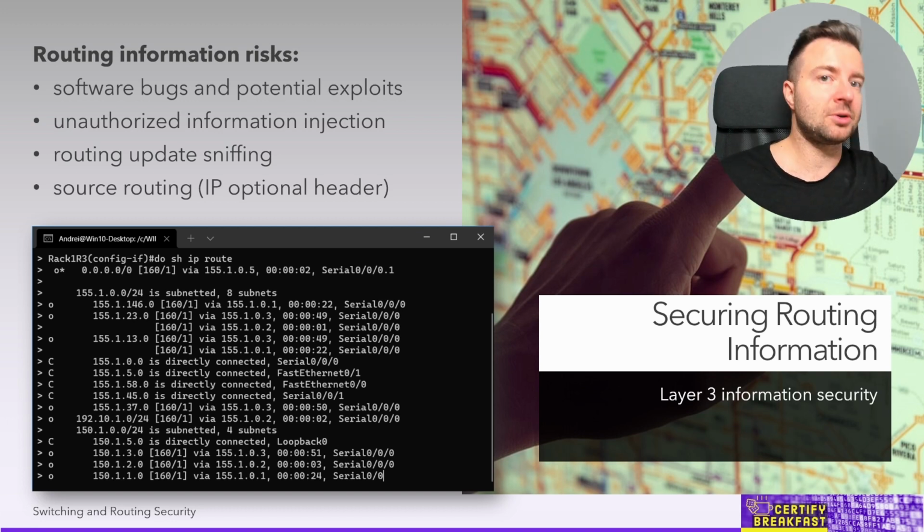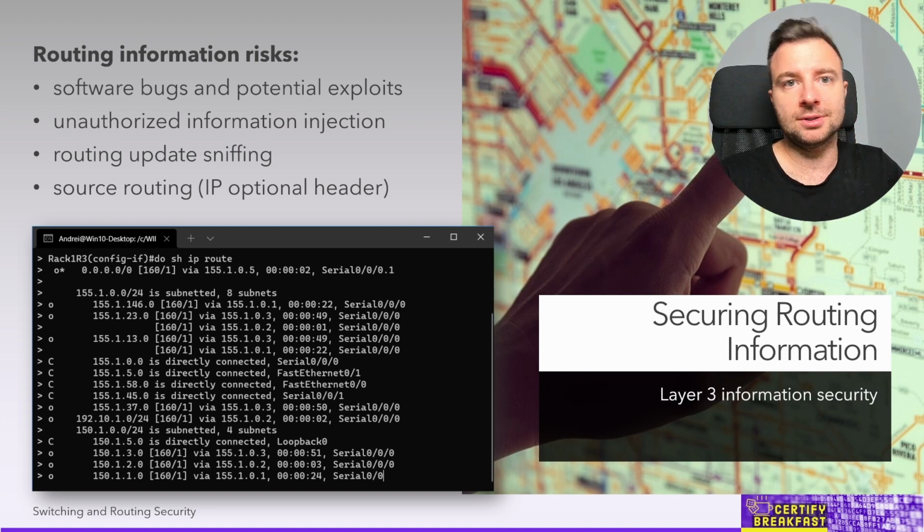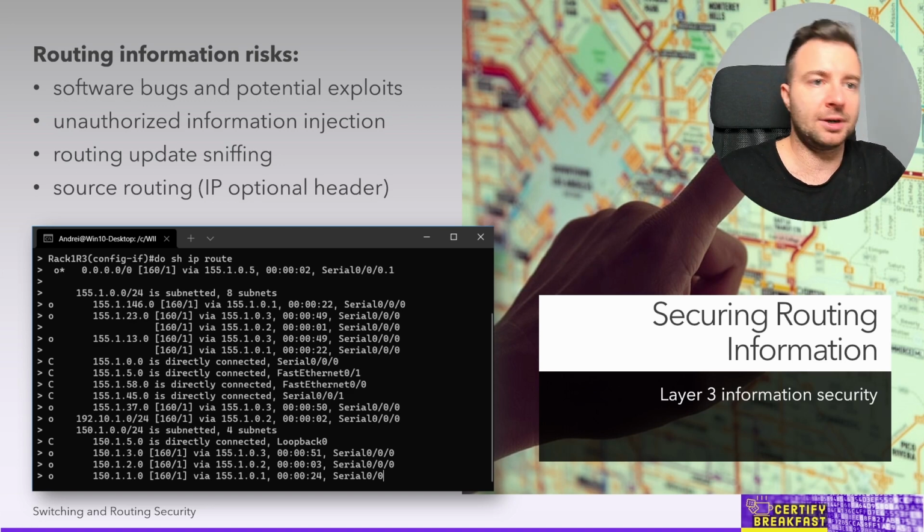Now, fortunately, these protocols do have authentication mechanisms that require the sender of the information to digitally sign the information that they're communicating. Now, this signature is going to rely on some sort of a password or a secret key, so that only legitimate devices from our network, those devices that know the secret key, can properly sign those messages. So we kind of minimize the risk of accepting spoofed information from an attacker.